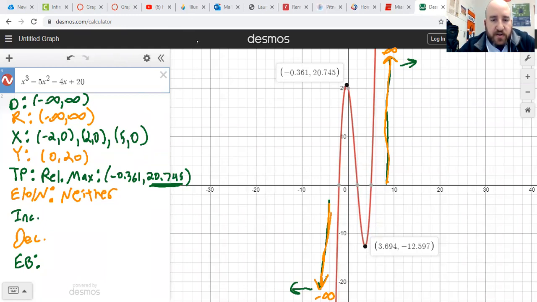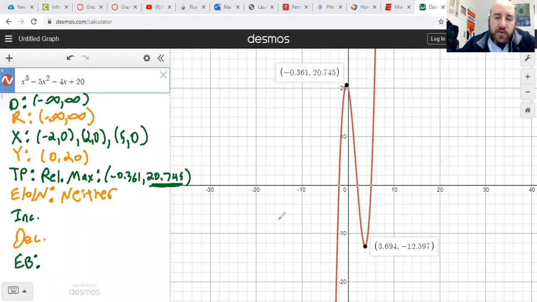All right, so your intervals of increase or decrease. This is I think the most confusing thing if you don't understand it. We're talking about as our graph is going up, so the y values are increasing, or going down, so they're decreasing. But we talk about our intervals of increase and decrease in terms of our domain.